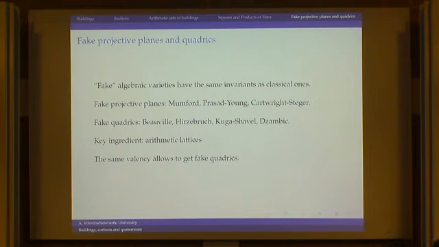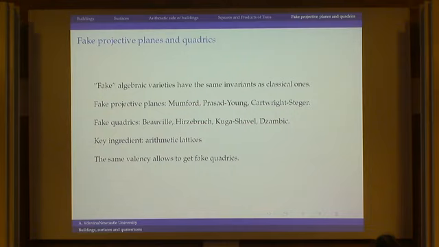But what is the subject? It's fake algebraic varieties. What is the idea of fake algebraic varieties? It's to have, say, the complex projective plane, but to have some variety which has exactly the same invariants, like Betti numbers and Euler characteristic, as the complex projective plane, but which is not it.